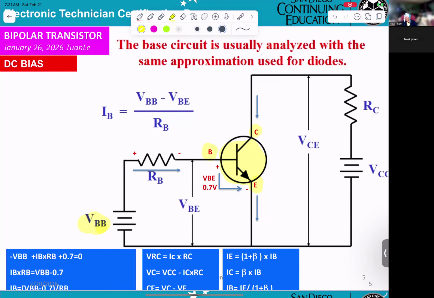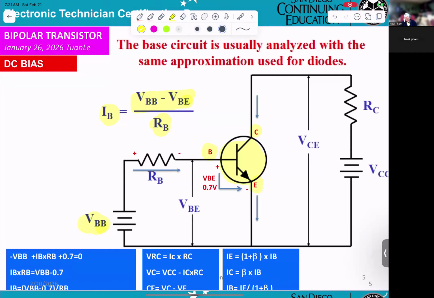Okay? So, first thing, they've given to you the formula here. IB equal VBB minus VBE divided by RB.